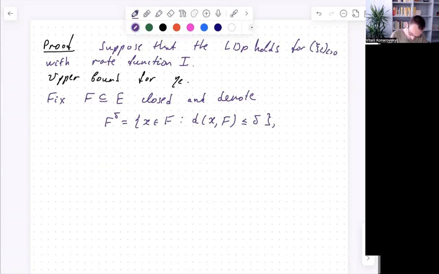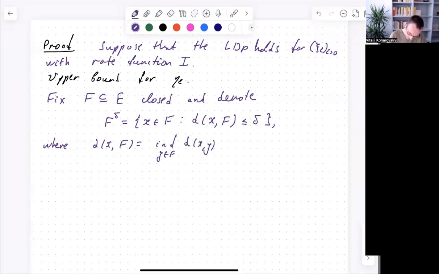The distance between the point x and F is the infimum over all y in F of d(x, y).